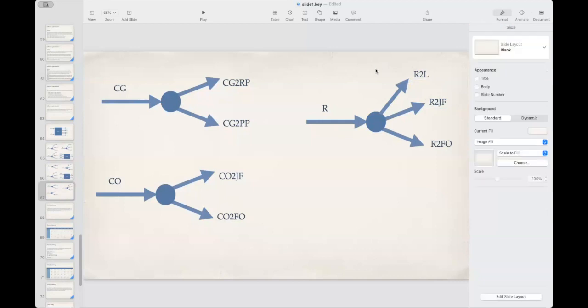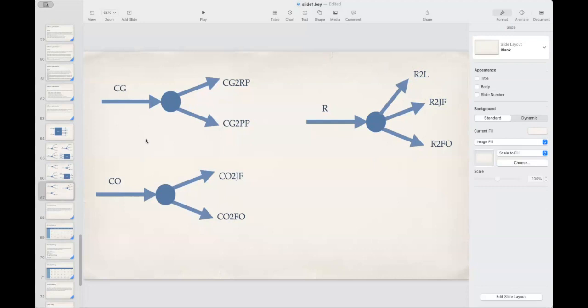The amount of residue we send to the process in order to make lube oil.